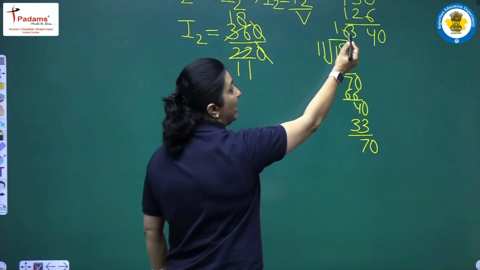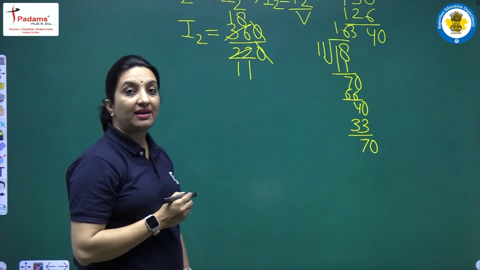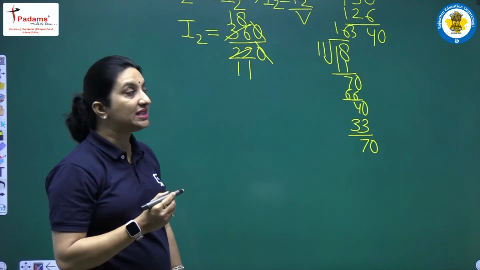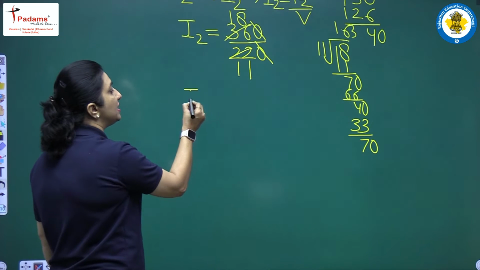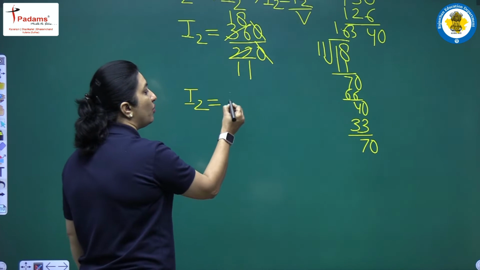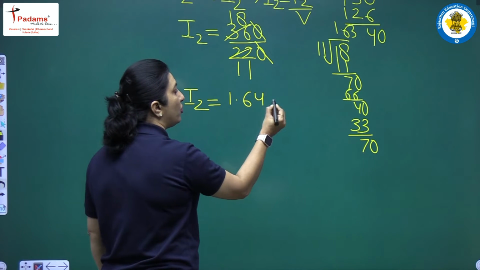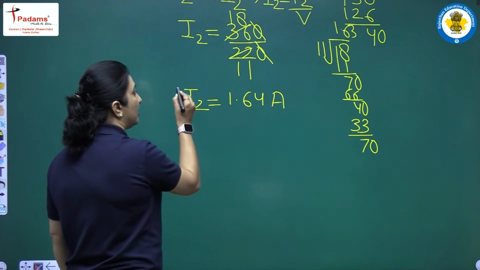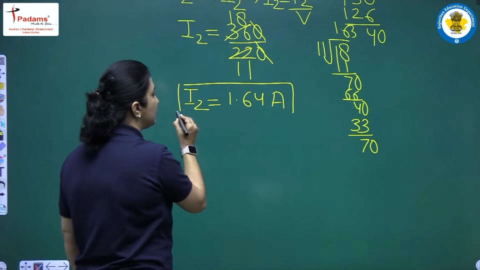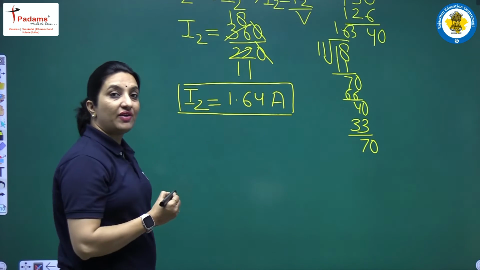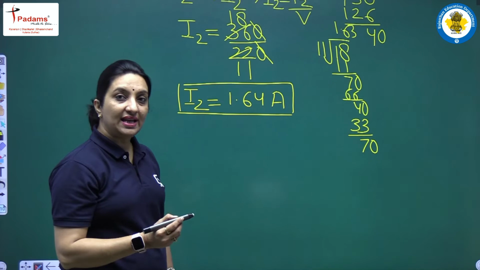Like after 3 I will have a 6, so I can write it as 1.64. So the current, students, here comes out to be 1.64 amperes.